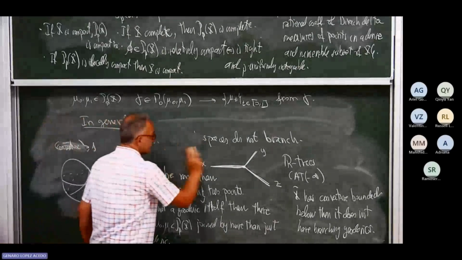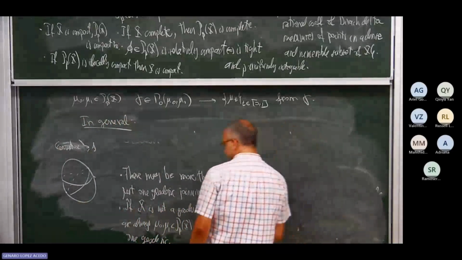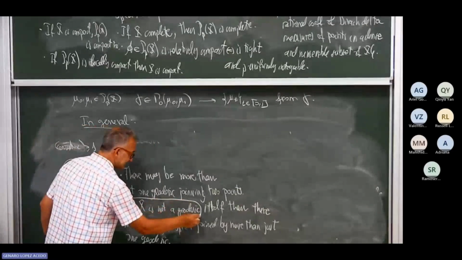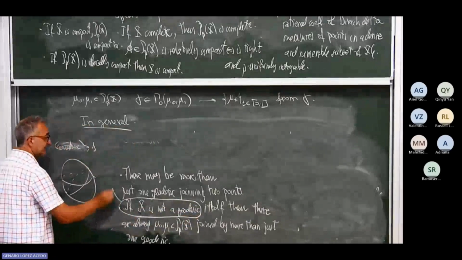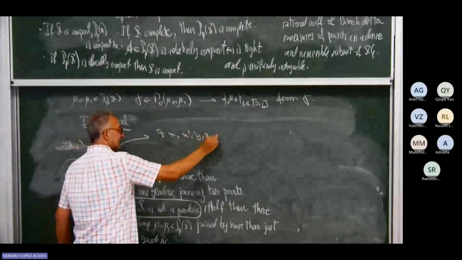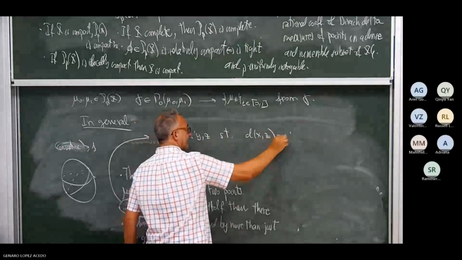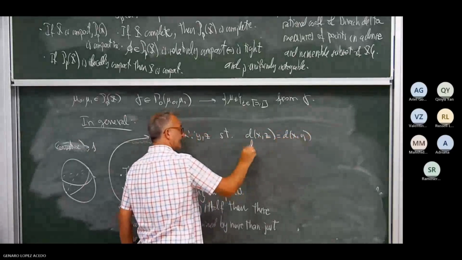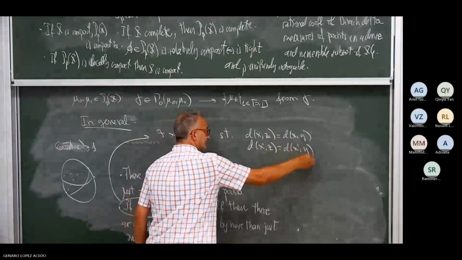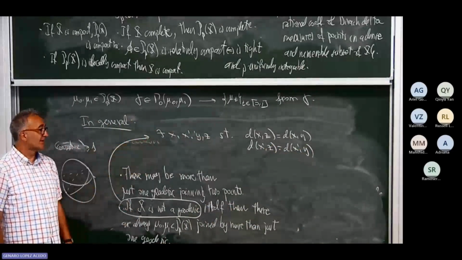It shows an example. Because when this happens, if X is not a geodesic itself, then there always exist 4 points like this.